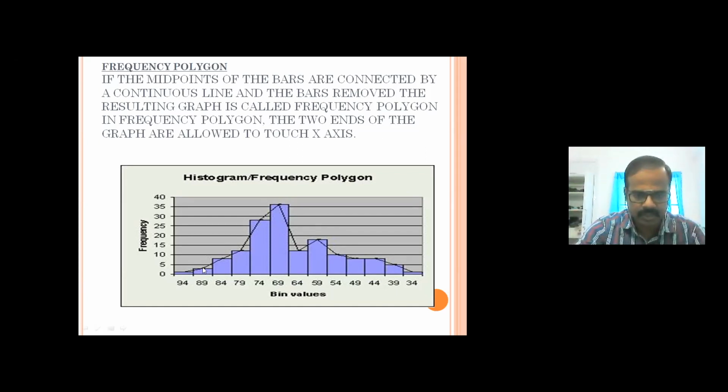This is the midpoint for this bar and this is the midpoint for this bar. So you mark all the points, connect them all, and finally remove the bars, and you will get a frequency polygon pattern. This is also a method of data presentation of a frequency distribution. But for drawing a frequency polygon, you need a histogram.